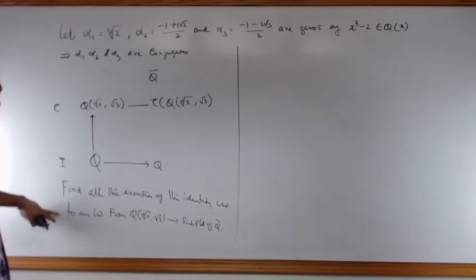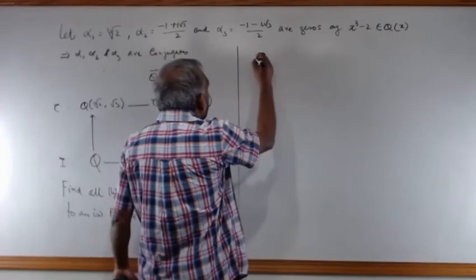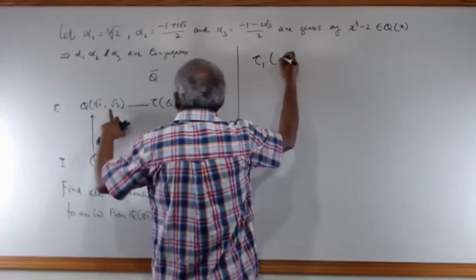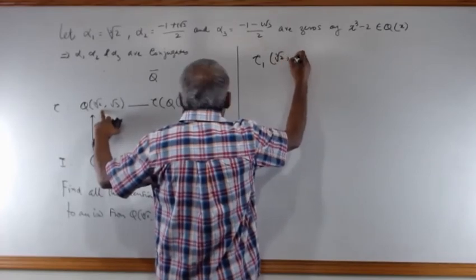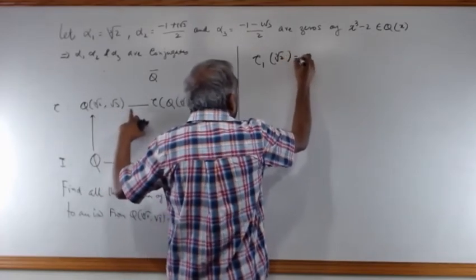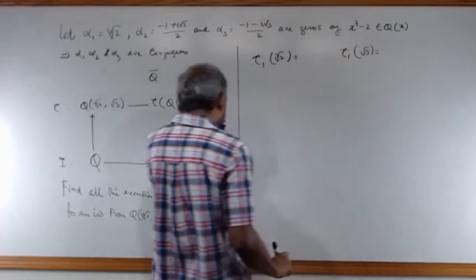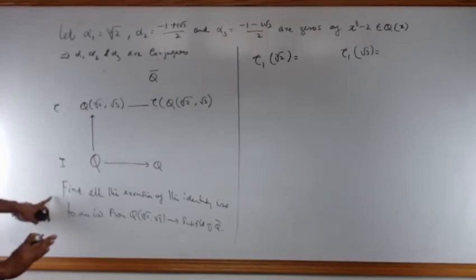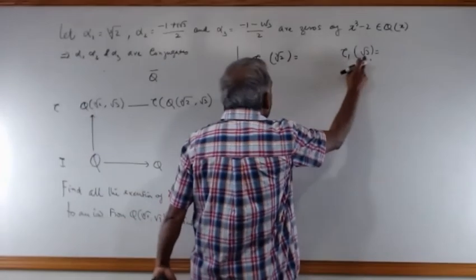So when we want to find an isomorphism from here, as I said before, we can define the isomorphism by giving values to cube root of 2 and root 3. What are the conditions? This is an identity isomorphism from Q to Q. That means these two values will never come here.